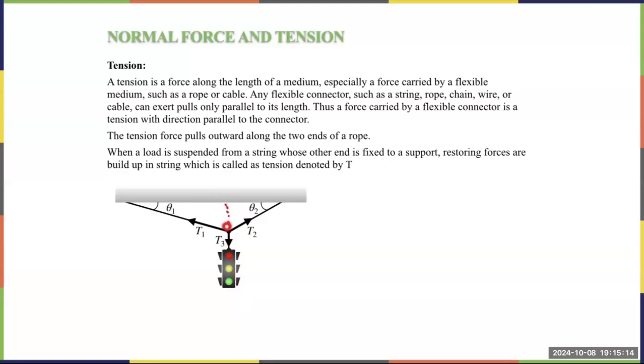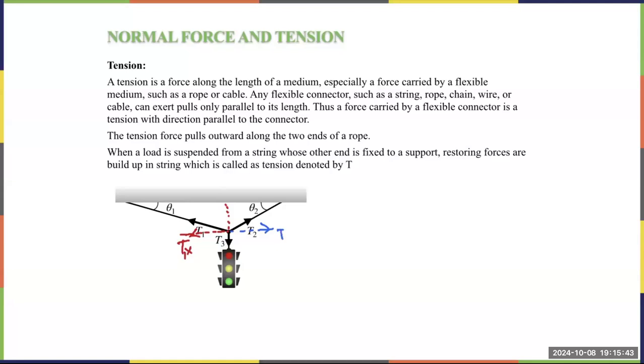This invisible force, created due to T1 and T2 in the upward direction, is what is holding this traffic light in place. So if I have to draw this in component form, this is for T1 and this is for T2.